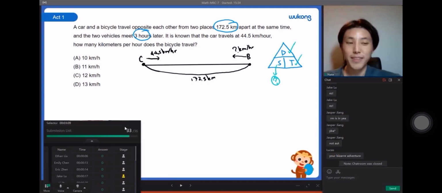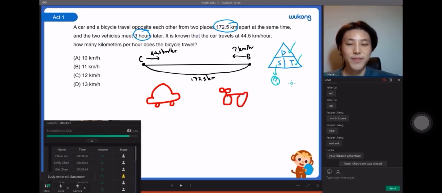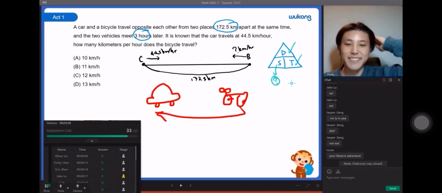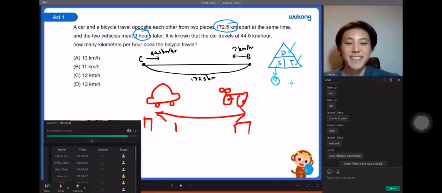We know that a car and a bicycle travel opposite each other from two places 172.5 km apart at the same time, and two vehicles meet 3 hours later.